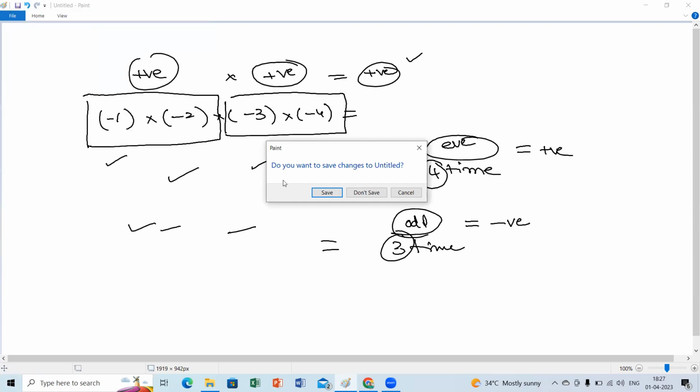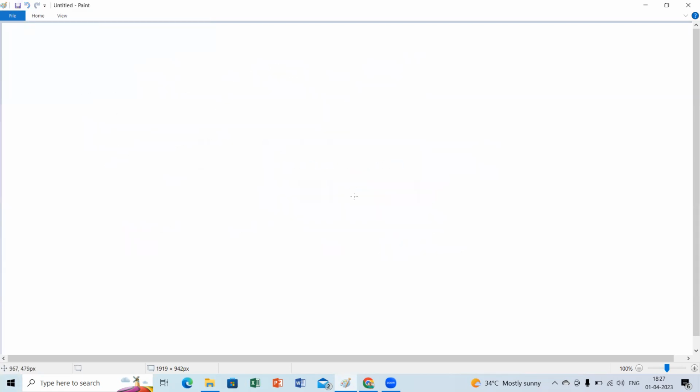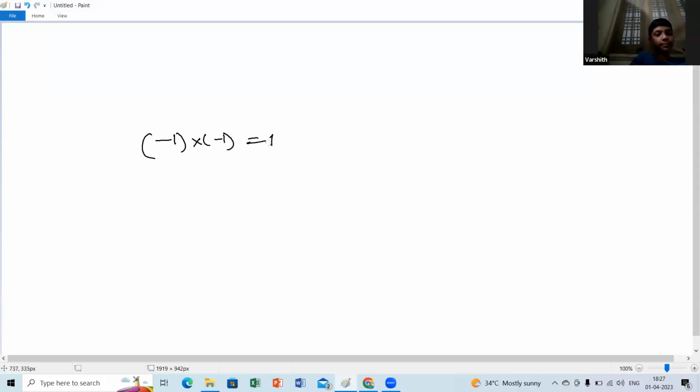I hope you understood this point, this more important point. Now, suppose negative 1 whole to the power. Negative 1 into negative 1, how much? Positive 1, ma'am. Very good.